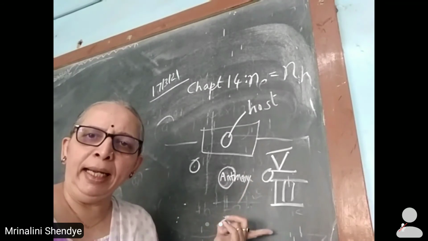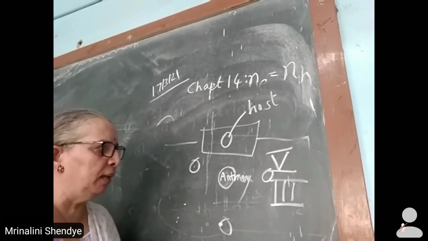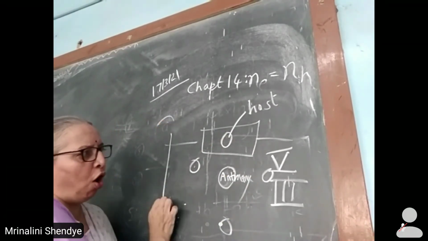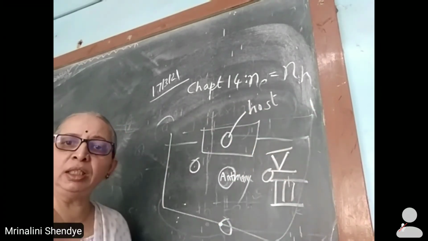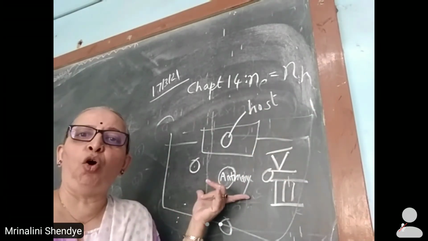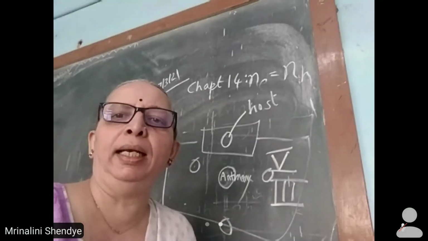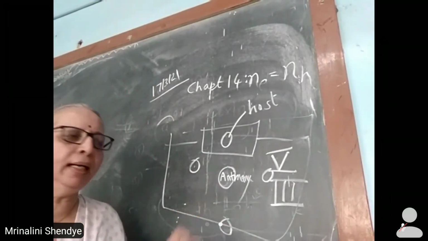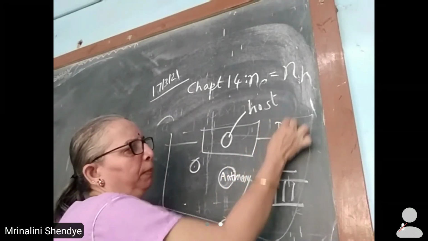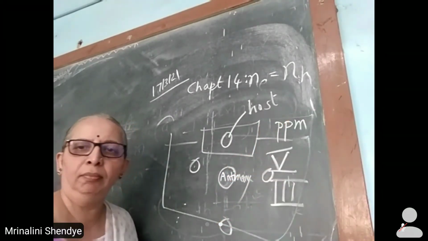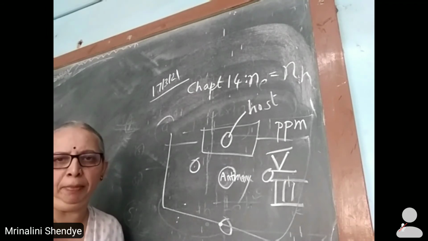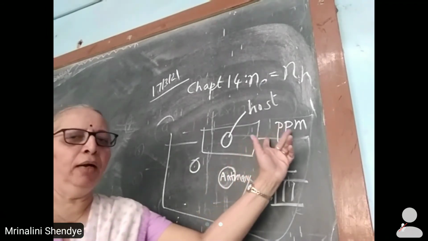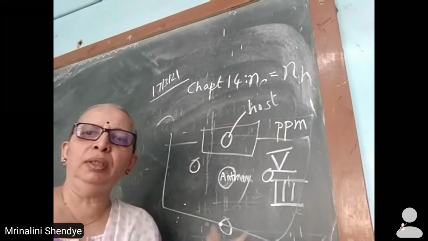The added impurity should not disturb the crystal structure of the original host, that is the silicon material or germanium material, etc. The way they are added and their measurement is in ppm. So in very small amounts these are added.